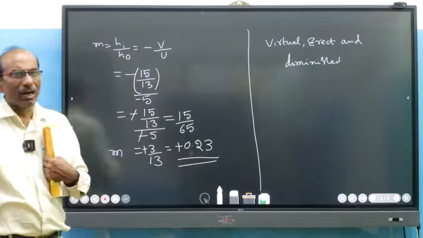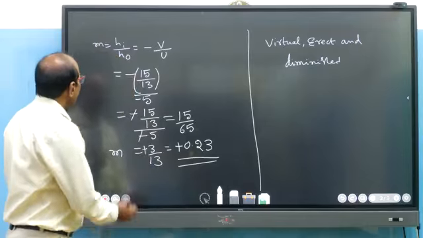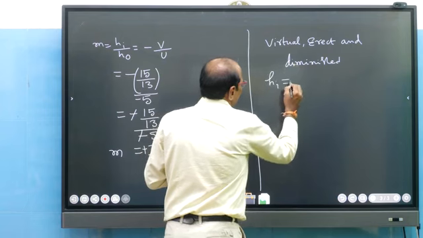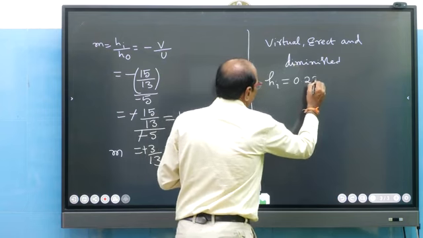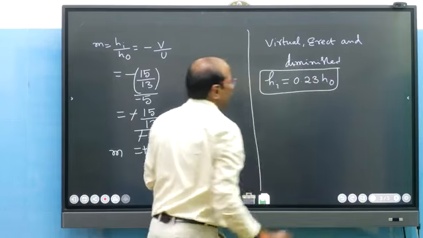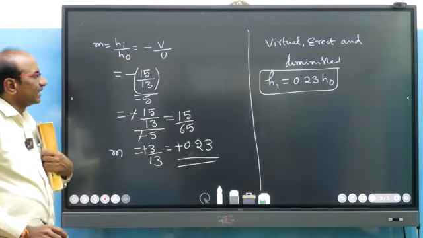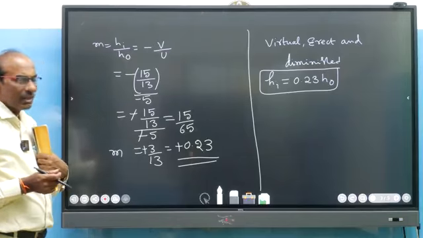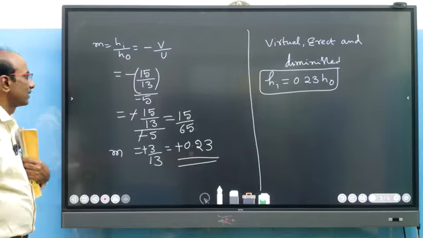What is the meaning of diminished? Diminished means the height of the image is reduced to 0.23 times the height of the object. So image size is diminished by 0.23 times the size of the object.